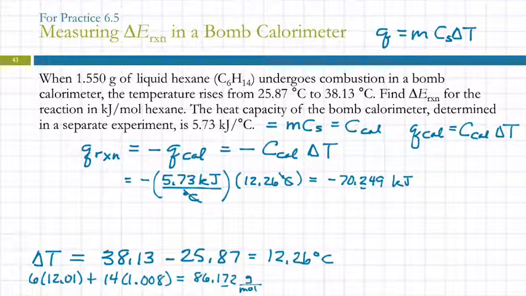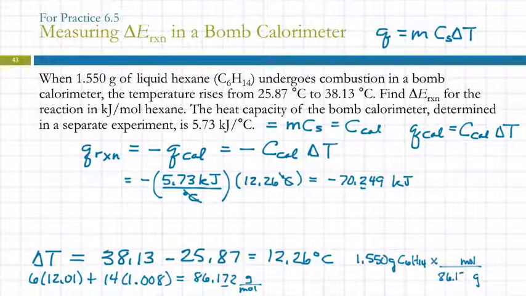So we've got 1.550 grams of hexane. So we can multiply by moles over grams, and it's 1 mole of hexane per 86.172 grams.